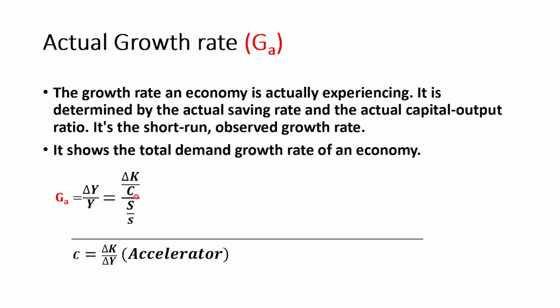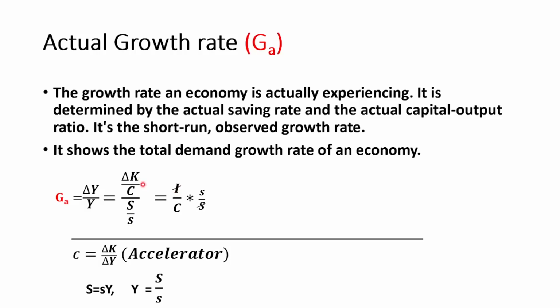How does it come? When we rearrange the accelerator, we get ΔY = ΔK/C. And similarly for Y, through the saving function we know that saving S = s times Y. When we rearrange it, we get Y = S/s. Again, when we take the reciprocal, we get s/S. Here I comes from ΔK, because we know that change in capital stock means investment.